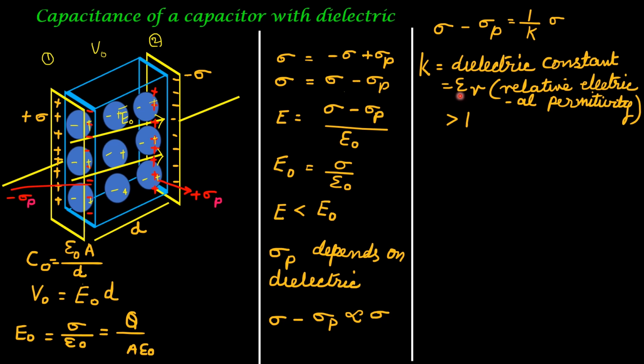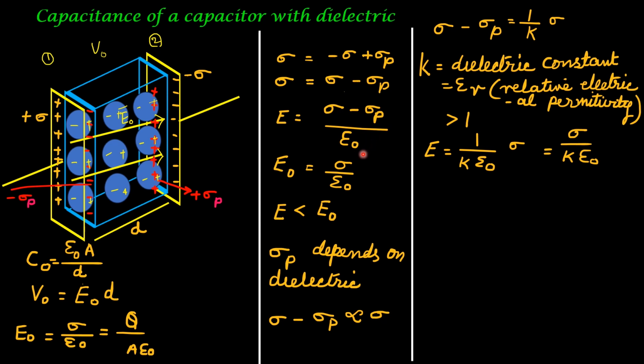That value is always greater than 1. So 1 by K will always be a fraction. So from this you can understand the charge density with a dielectric medium in between the plates of the parallel plate capacitor will be less than the initial charge density.